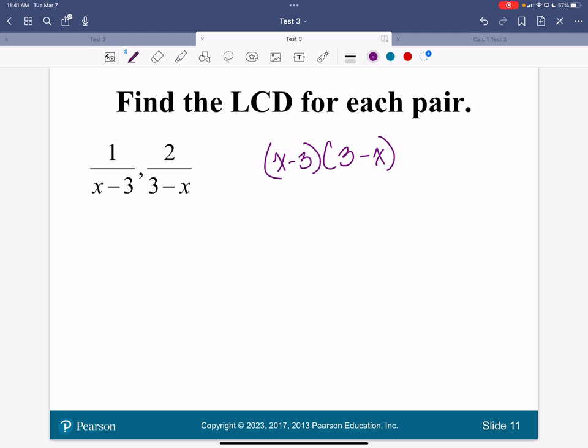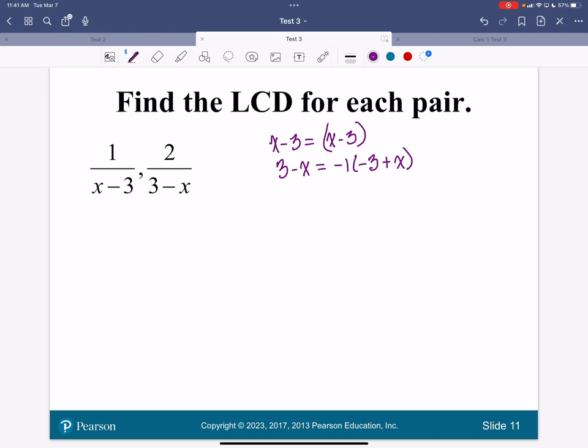Now, what I want you to do for this one is you've got your x minus 3. That does not change. You can't factor it any less. So you're just going to have x minus 3 as a factor. But for 3 minus x, I want you to factor out a negative 1. When I factor out a negative 1, I'm left with negative 3 plus x.